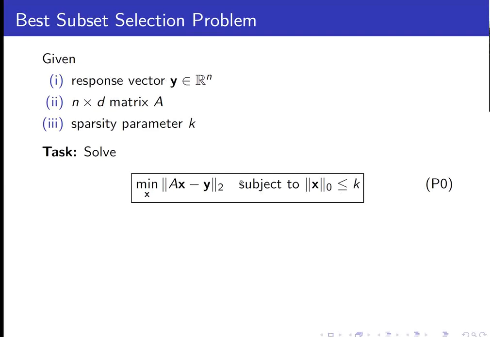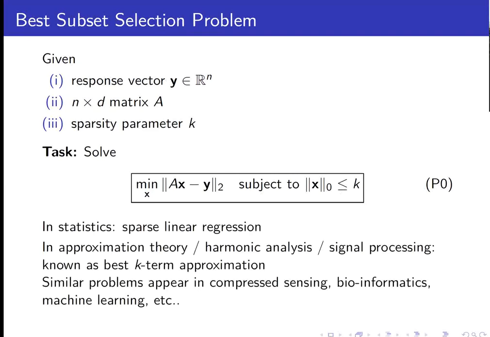And this problem appears in many, many different applications. In statistics, it's called sparse linear regression. In approximation theory or harmonic analysis or signal processing, y is typically the samples of a signal that you measured. A is called the dictionary, and its columns are called atoms.